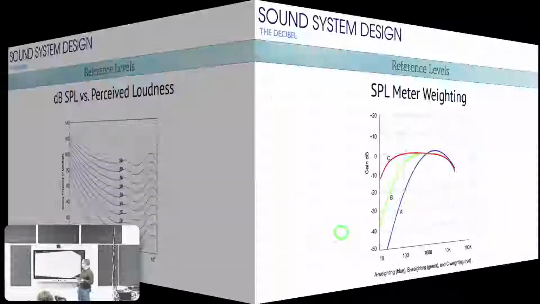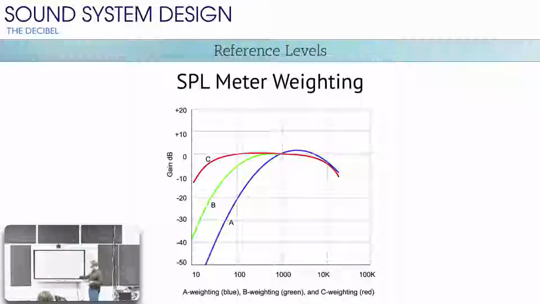So this is essentially a frequency response graph of our hearing at various levels. This blue line, the A line, would be the frequency response of our hearing at very quiet levels, very low sound pressure levels, and by low, I would say anything below 60 to 70 dB SPL-ish.